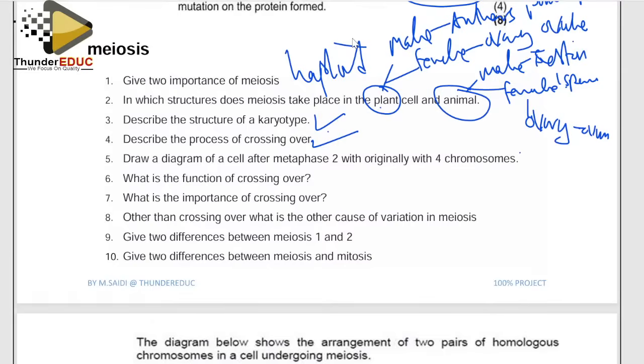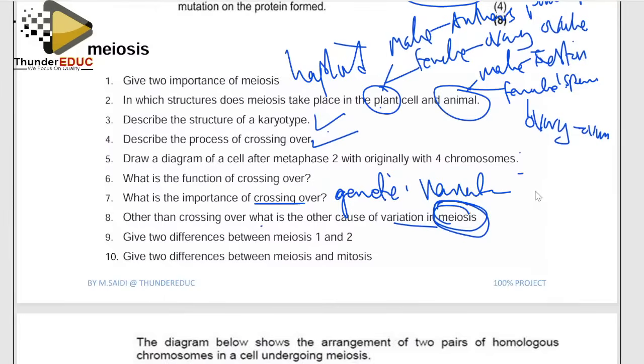All right. We continue, saying what is the importance of crossing over? This one brings about genetic variation. Not variation, I said genetic variation. They're saying that other than crossing over, which other cause of variation in meiosis? The key point is there in meiosis.